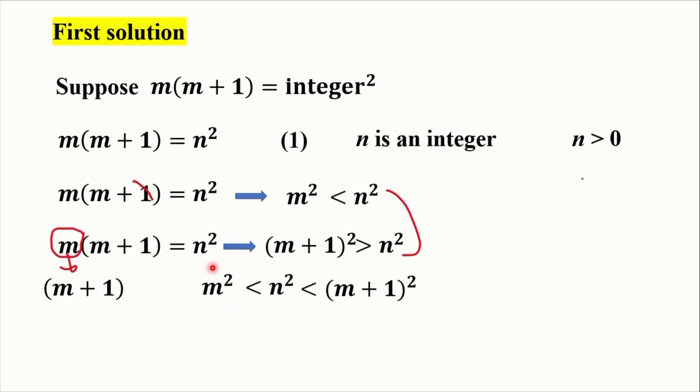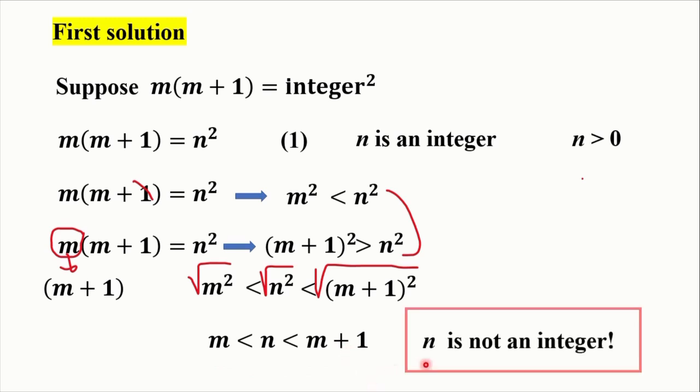Now we take the square root of all parts of this inequality, and we have the following. n is greater than m, and n is smaller than m plus 1. It means that n is between two consecutive integers, and so it cannot be an integer.